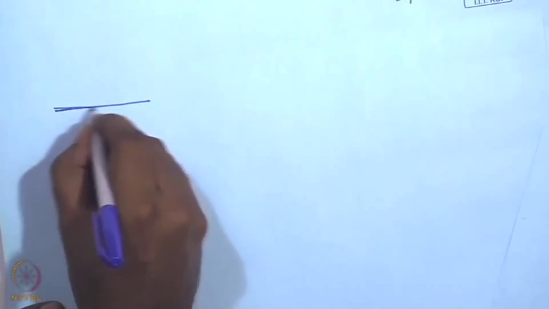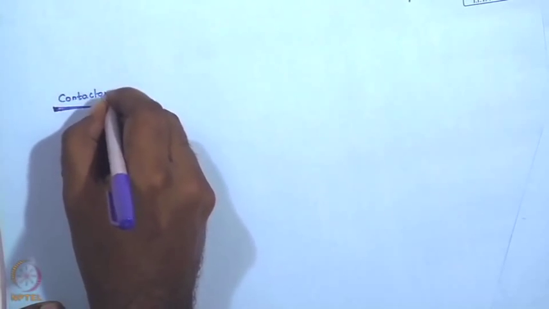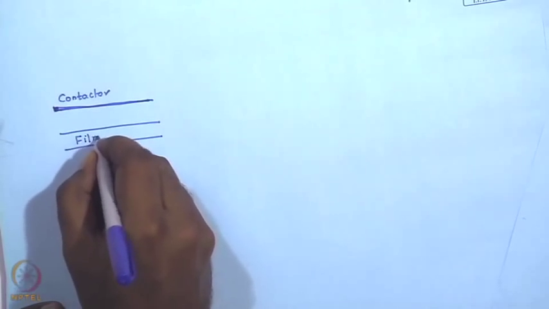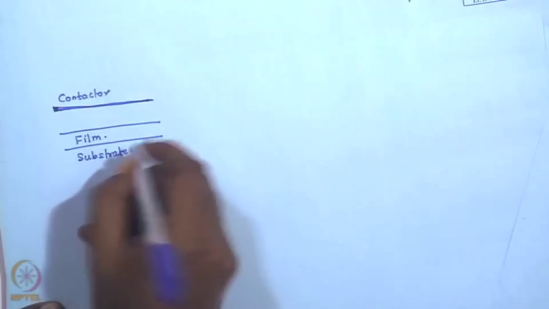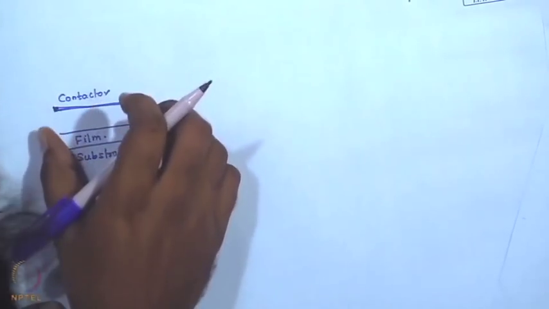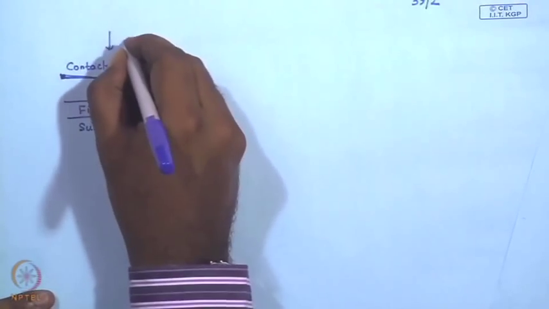Here is the contactor, here is the film, which is rigidly bonded to a substrate, and the contactor is approaching the film.